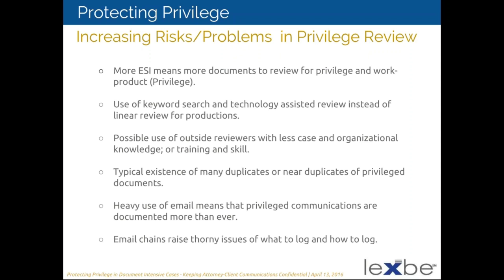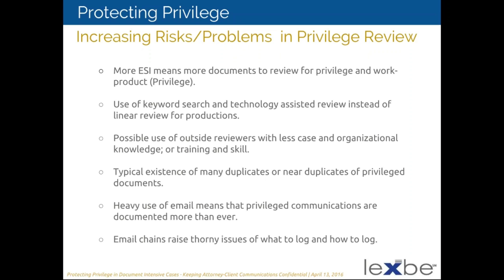The linear review gets more and more difficult, and you need to be looking at keyword searching or other technology-assisted review. You're possibly using outside reviewers for larger data sets, and they may know less about that and miss things that somebody more involved would know.